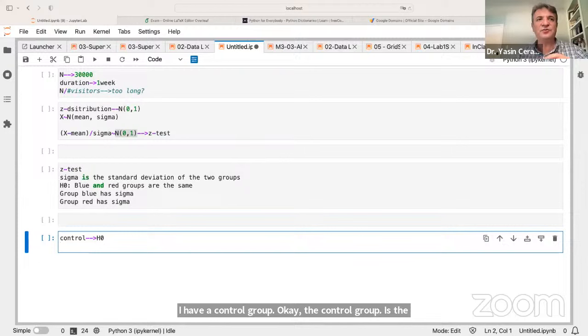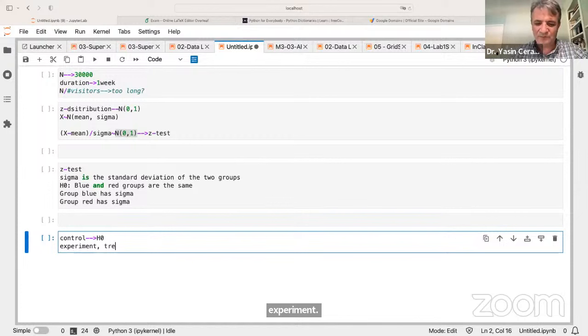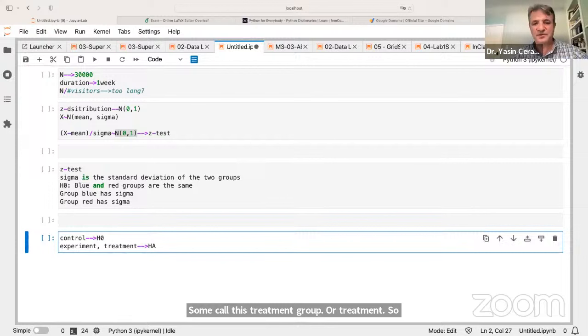In this case, they are the ones taking the blue button. And then you have the experiment group, which some call the treatment group. These guys represent your alternative hypothesis. They are the ones who took the red button. Red button versus blue button.